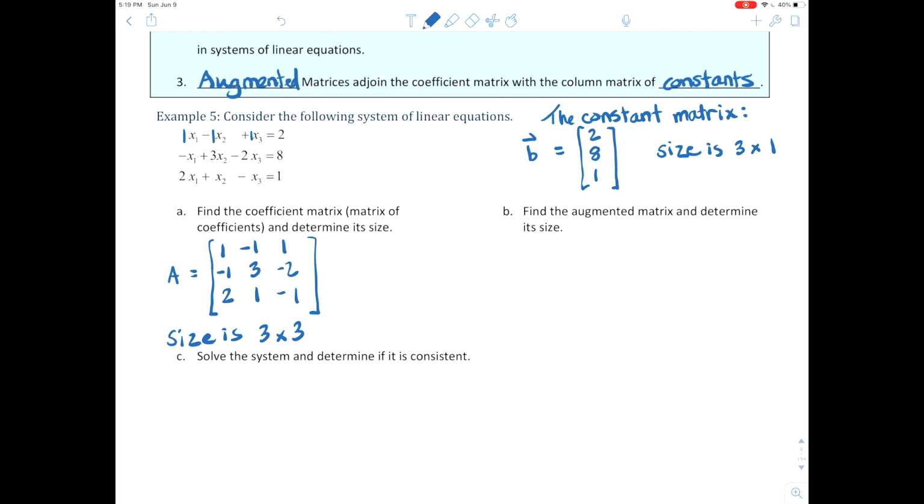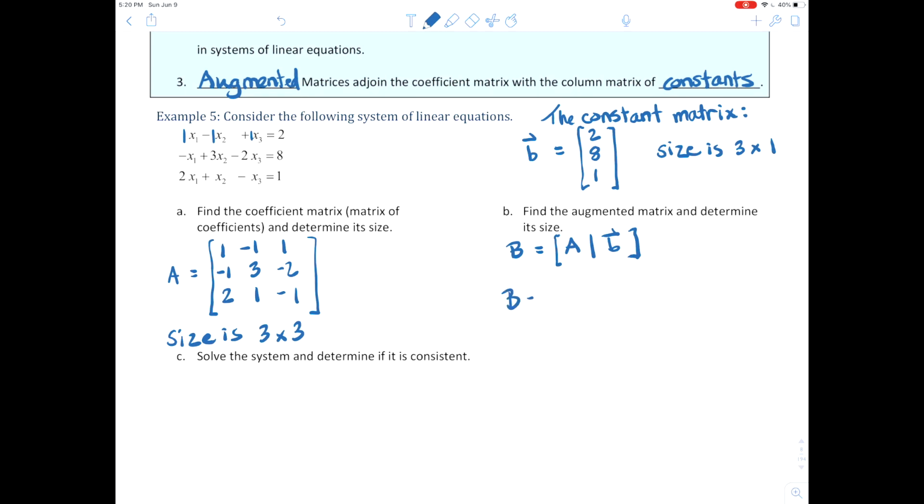Now, when we said adjoin up there, you're basically adjoining this A and B. So if we look at some matrix B and we call it this adjoined matrix, so A is adjoined with this B matrix, where B is the matrix of constants, that vector, right?